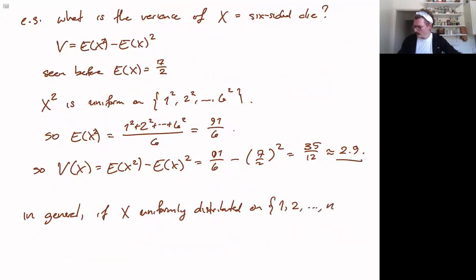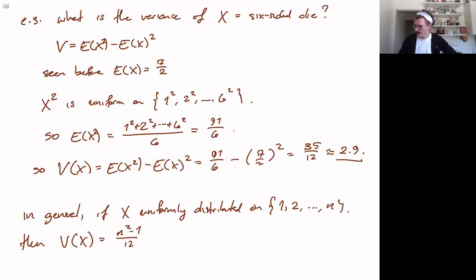then I'm not going to do this out, but here is maybe a good practice problem for you. The variance of x is n squared minus 1 over 12.